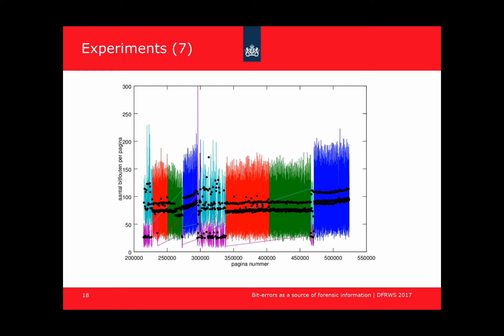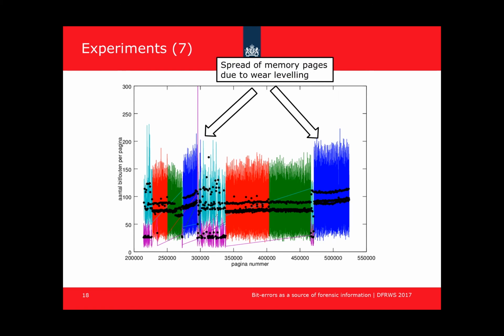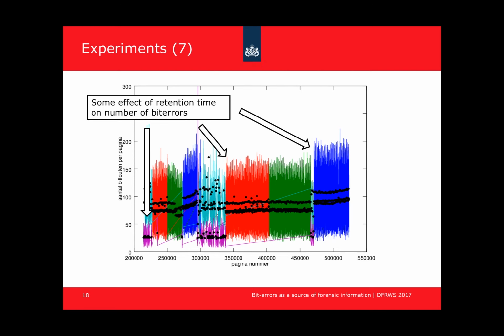After that, this device was stress cycled, and after stress cycling, two other files were copied, the light blue one, and the last one copied onto the device was the purple one. So that's the order. The important thing to notice is that you see the wear leveling algorithm, because this large file is spread over different locations within the NAND-flash memory.